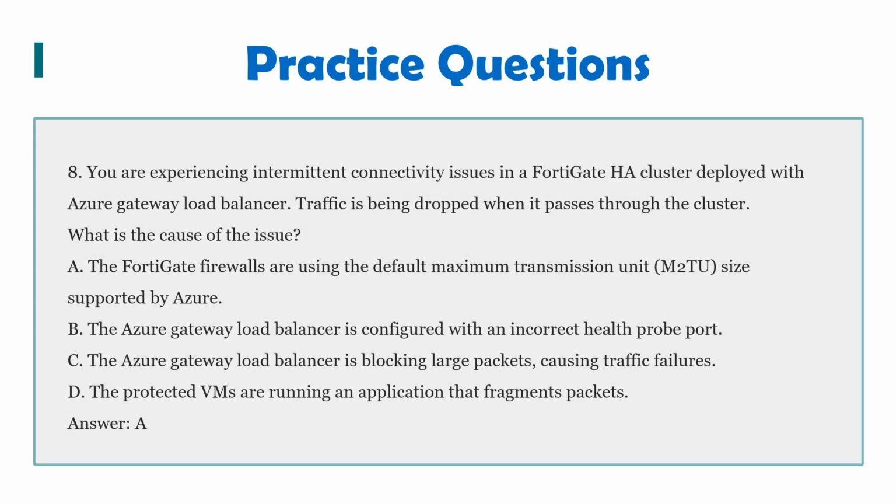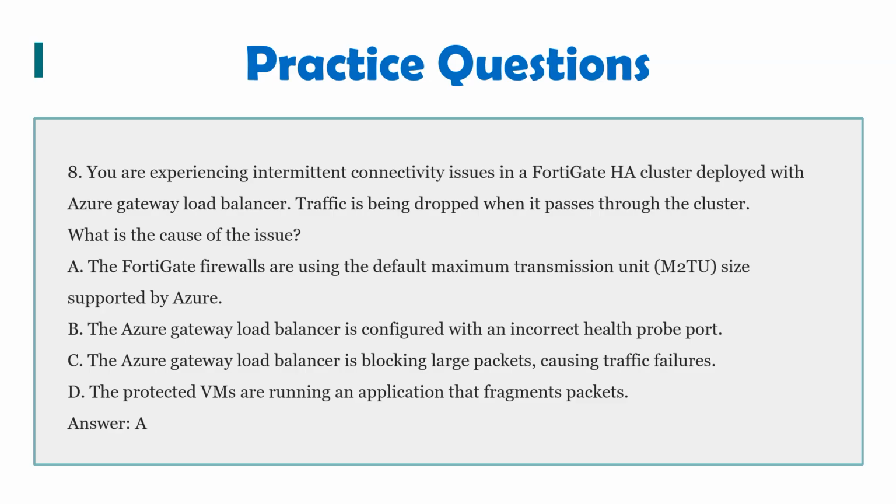8. You are experiencing intermittent connectivity issues in a FortiGate HA cluster deployed with Azure Gateway Load Balancer. Traffic is being dropped when it passes through the cluster. What is the cause of the issue? A. The FortiGate firewalls are using the default maximum transmission unit, MTU, size supported by Azure.